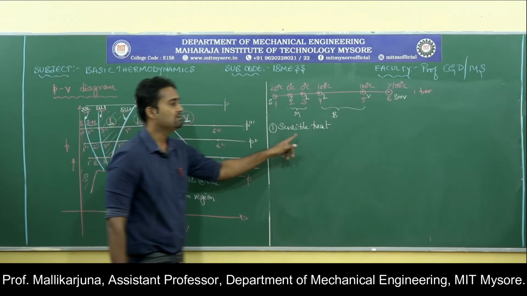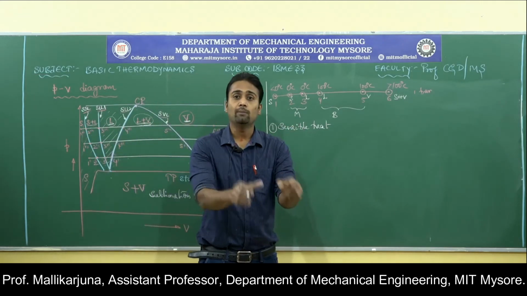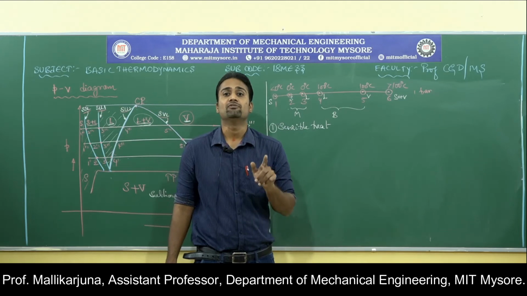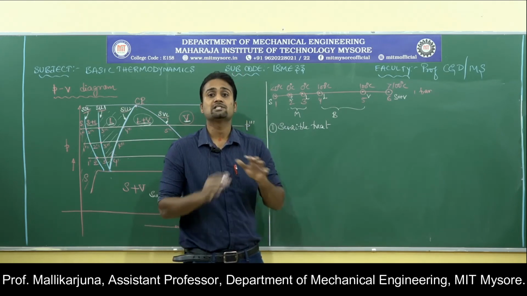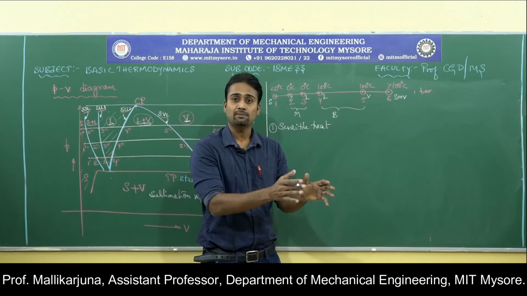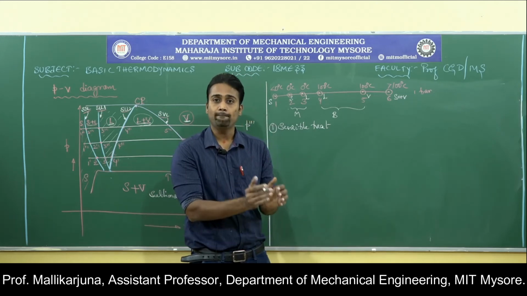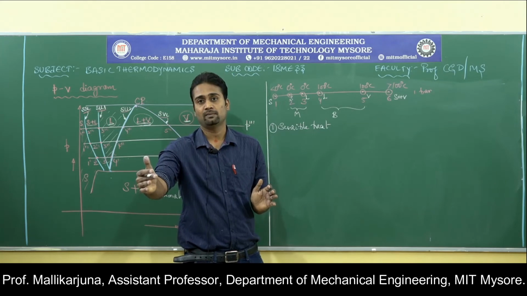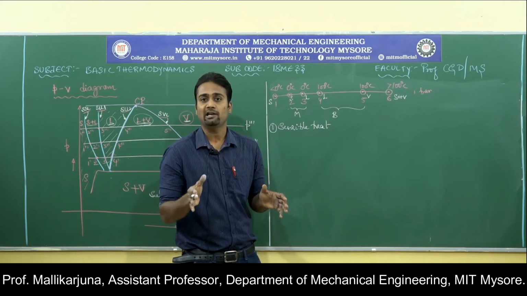My definition of sensible heat is the amount of heat absorbed by the substance in a single phase, or it is the amount of heat supplied to a substance to take it from a given state to its saturated state. These two things should be very clear with us.